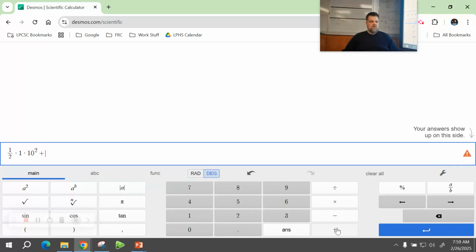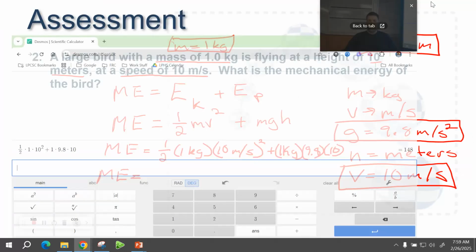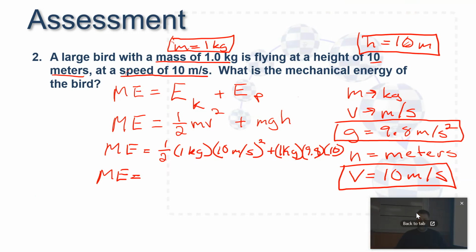Plus the mass of the object, which is 1, times the acceleration due to gravity, which is 9.8, times the height, which is also 10. And so when I hit enter, my answer is 148. So my final answer is 148.